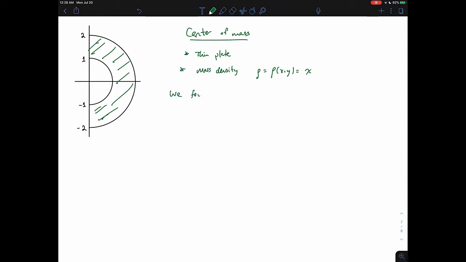We found before that the total mass of this plate was the integral of x dA, and that came out to be 14.